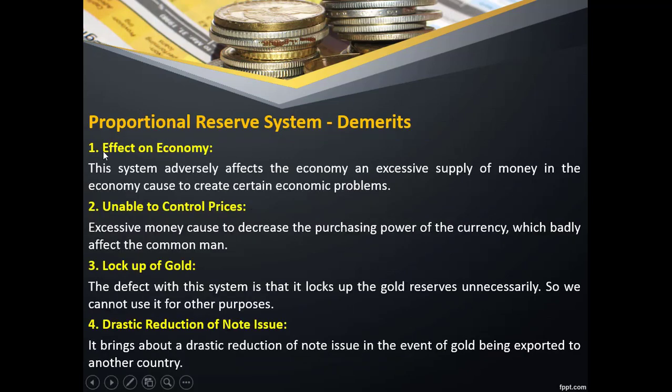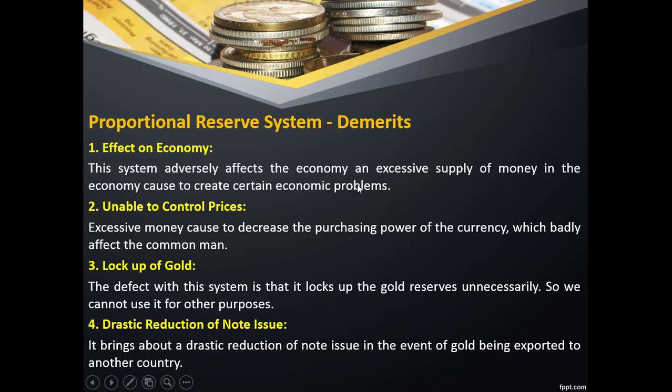Look at the demerits. Effect on economy. Yes, if you print more notes, excessive supply of money in the economy can cause an economic problem. And what is the economic problem? Overissue of notes. And we know that whenever any country overissues the notes, the value of the note declines. Many times I gave you examples in class, like Iran.